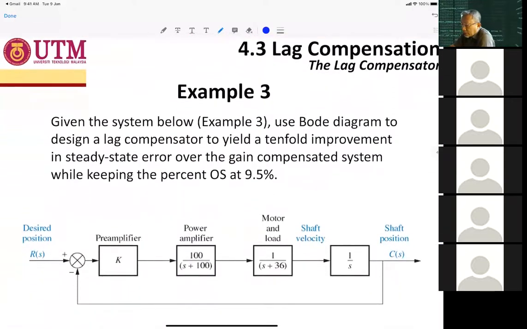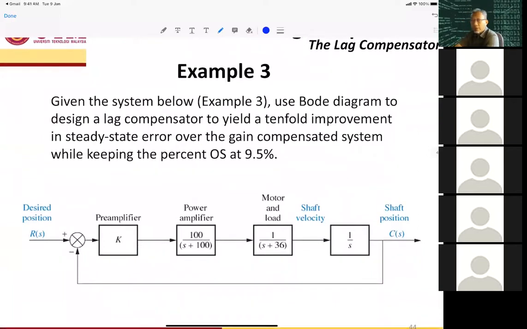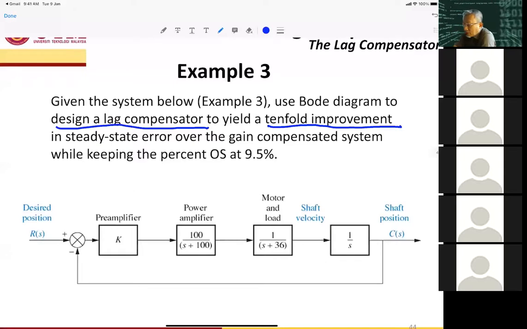So we look at the examples shown here. Given the system below, use the Bode diagram to design a lag compensator to yield a 10-fold improvement in steady state error over the gain compensated system while keeping the percentage overshoot at 9.5%.